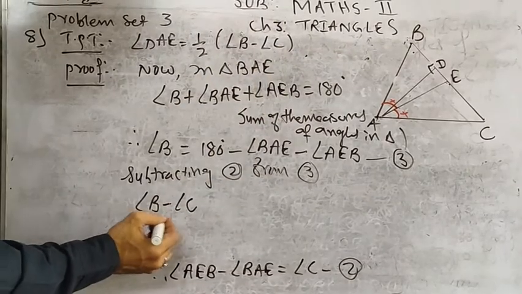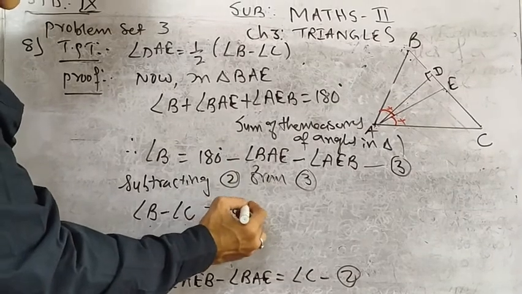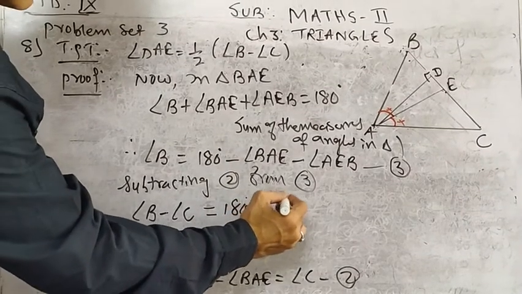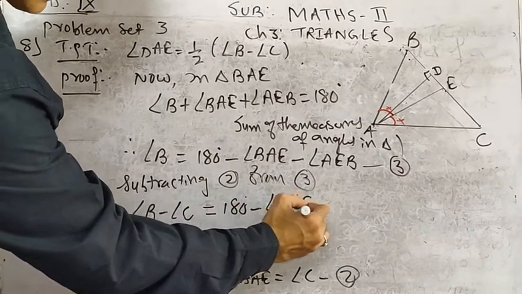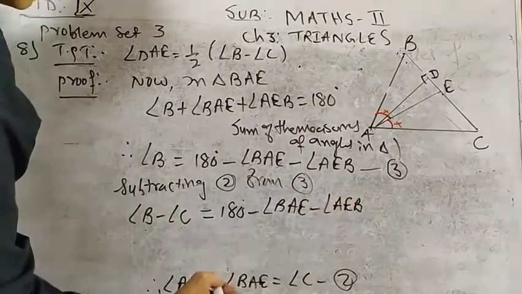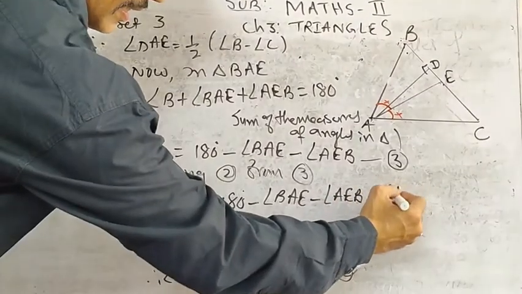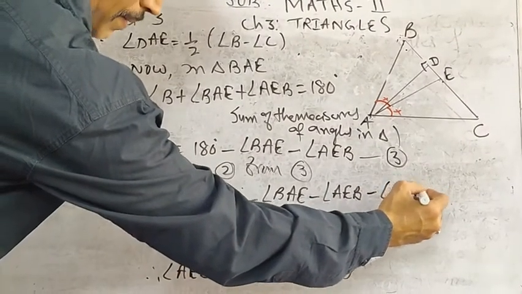So angle B minus angle C is equal to 180 degree minus angle BAE minus angle AEB, and this is minus angle AEB.